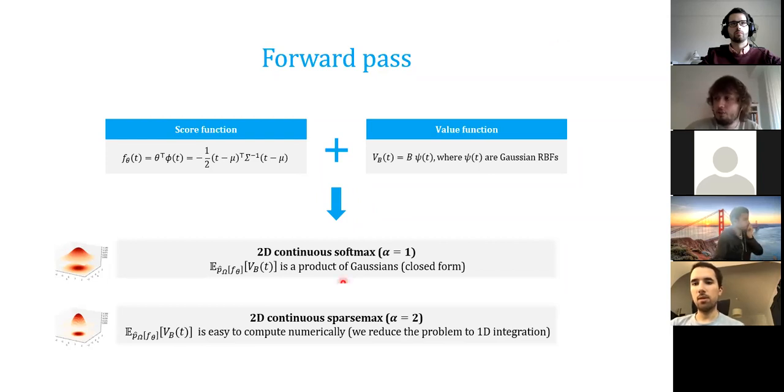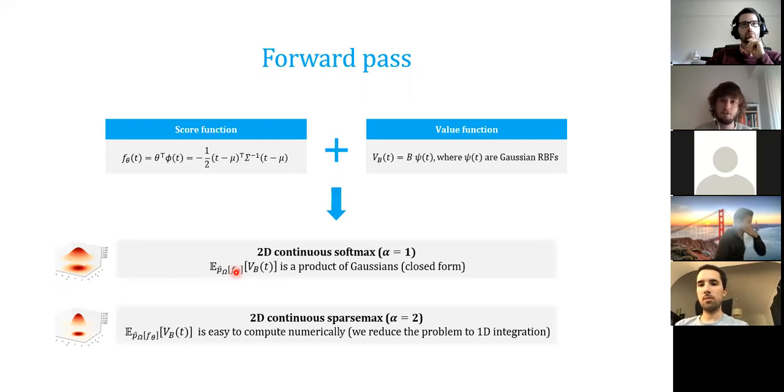But the thing is that to compute this expectation here, in this case it is a product of Gaussians, if you use Gaussian basis functions, and if the attention density is a Gaussian. So you're computing the expectation of V and P, and everything is a Gaussian. So this expectation is the integral of a product of Gaussians that has a closed form solution for any dimensions.